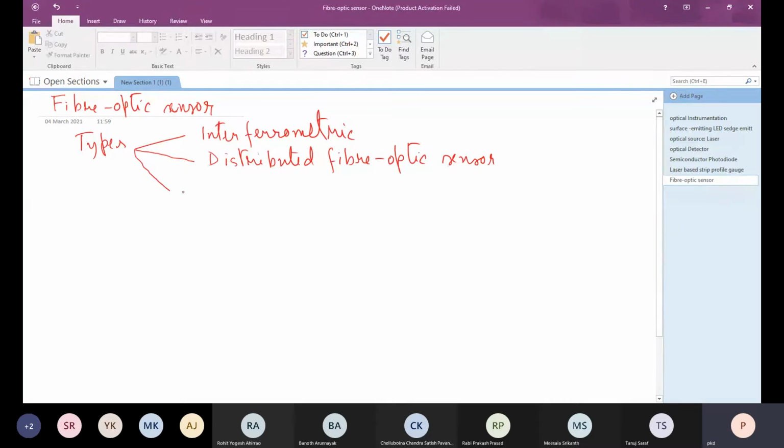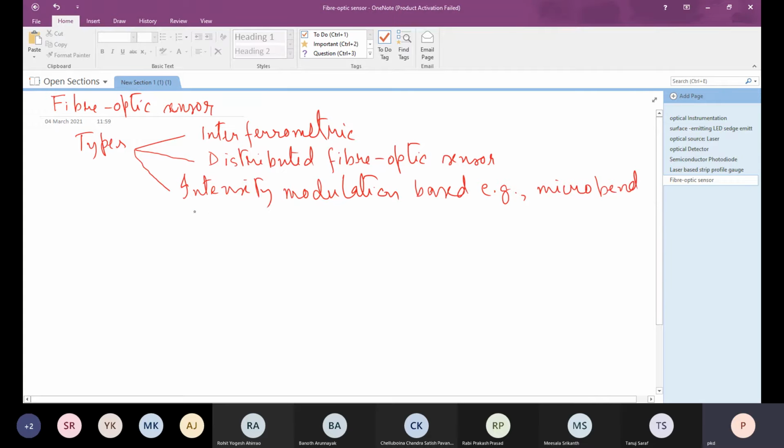Then of course there are also intensity modulation-based sensors. For example, microbend, because bending essentially introduces losses.